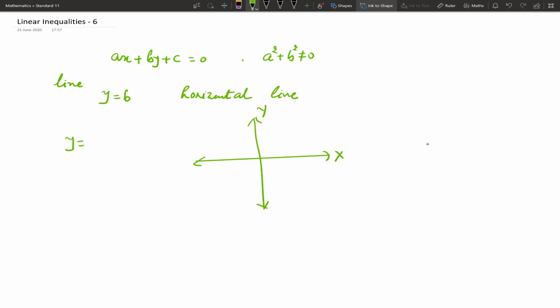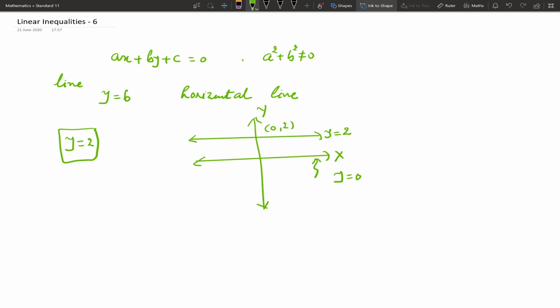Consider y equal to 2. It represents a horizontal line passing through the point (0, 2). This is the line y equal to 2, so it is a horizontal line. The equation of the x-axis is y equal to 0.